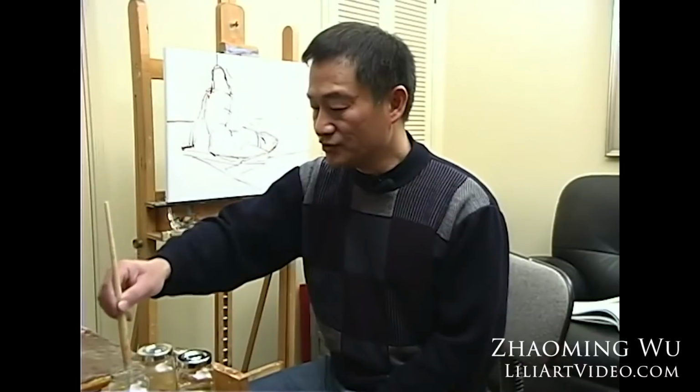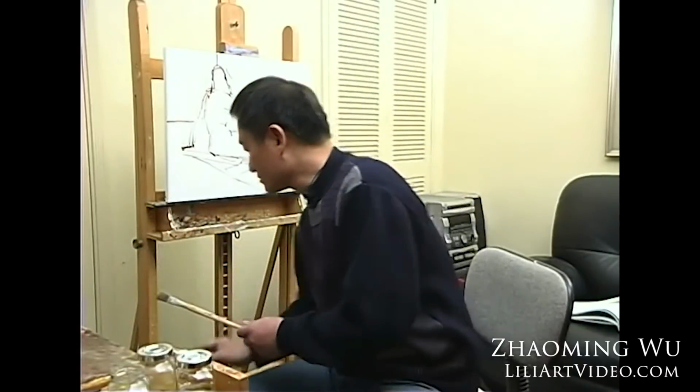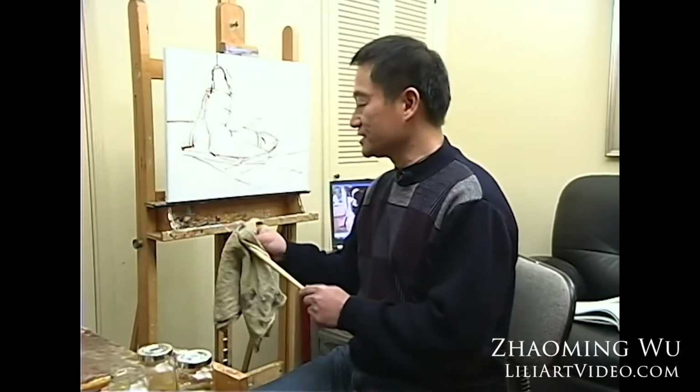Of course, you cannot really cut clearly where to start the second stage or the third stage. They are all connected and related, but approximately in the beginning, in the first stage, you see 2-dimensional things like that. So now I go on working on the first stage, blocking simple value, light and shadow, almost not considering color.